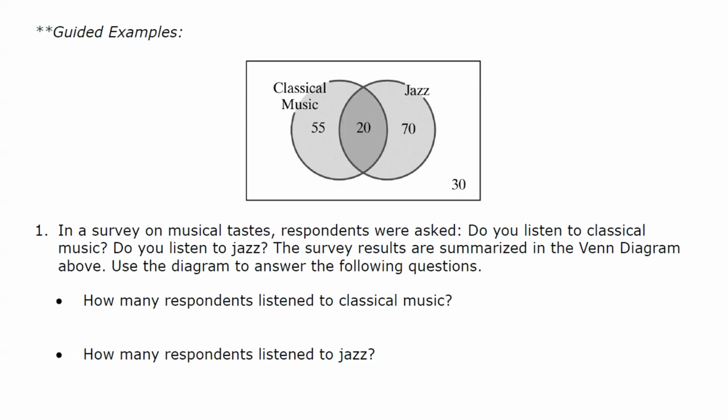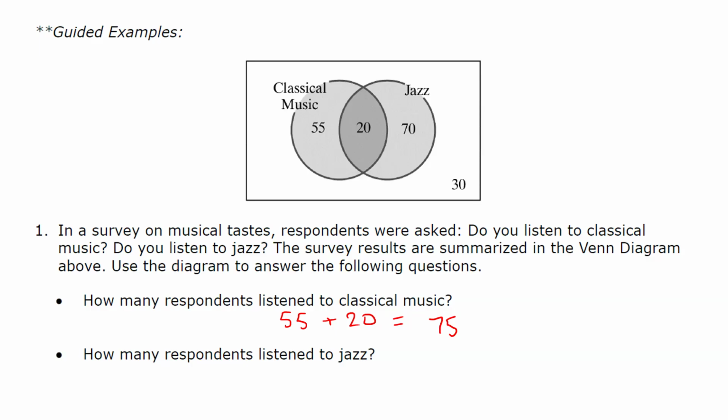Well, we know classical music and jazz are the two subsets of our universal set. So classical music would be the left complete circle. So we would take 55 plus 20 to get the total number of respondents who listen to classical music, and that would be 75.